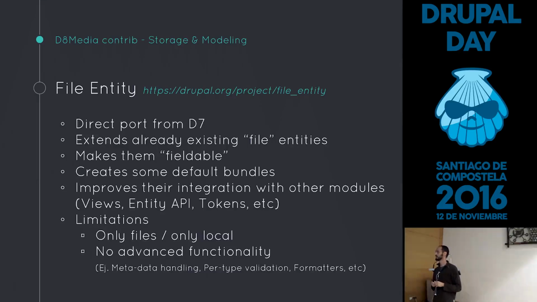And what it basically does is extend the file entities in Drupal, making them fieldable. And now we can create bundles, types of files, attach fields, and use them as any other entity in Drupal, using Views, tokens, Entity API, etc. Of course, it has some limitations.